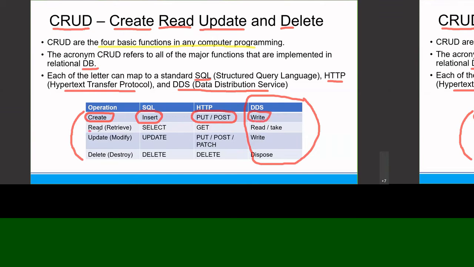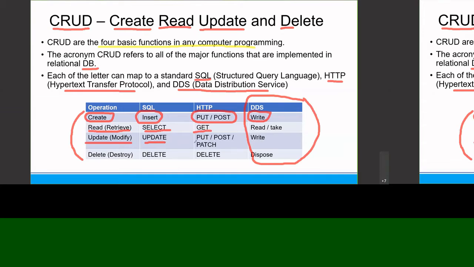If you want to retrieve or read, you will use select. So we already saw in our Python, we want to get the data. So we will just use select star from table name. In the HTTP, we will use get. For the update and modify, in the SQL, we will use the command update.